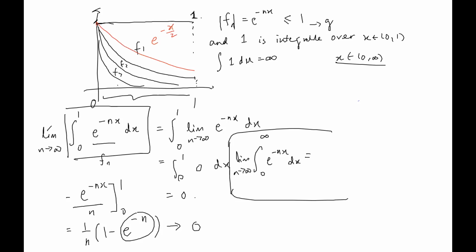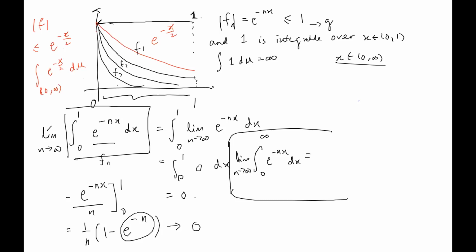So definitely the absolute of f is dominated by e to the minus x over 2, and this does not depend on n, right? And this is definitely integrable, the integral of e to the minus x over 2 d mu over 0 to infinity. So this is the Lebesgue integral, right?